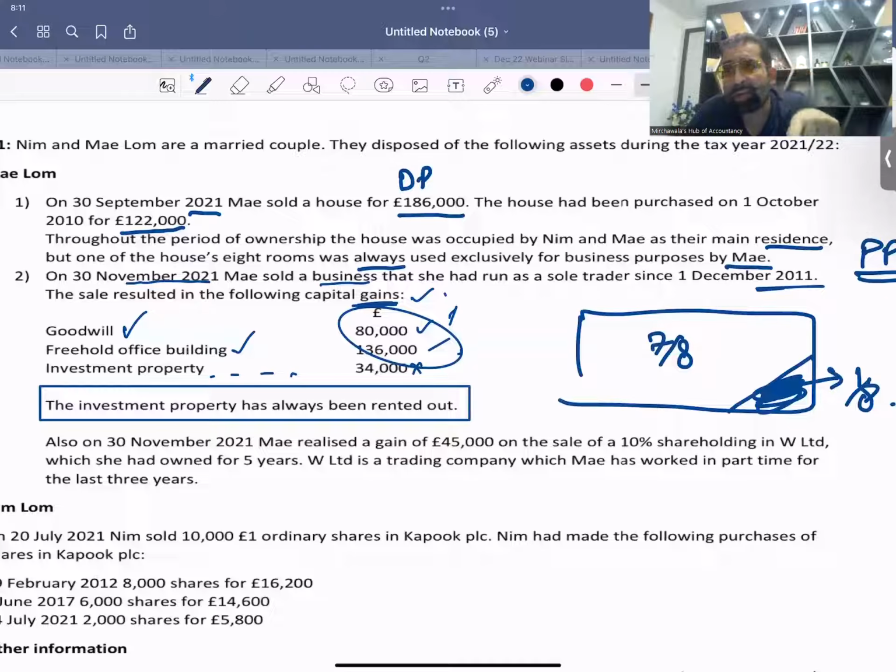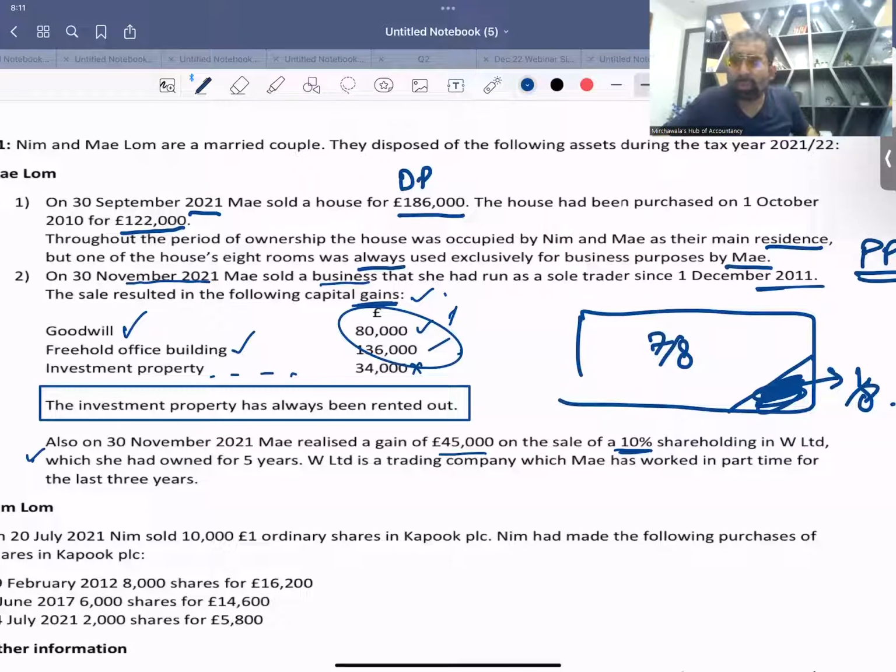Even if you have taken my lectures in my normal class, I teach this issue in detail in CDT. Now, this is the next area. Also on 30th November 2021, this is a separate thing. May realized a gain of 45,000 on the sale of a 10% shareholding.